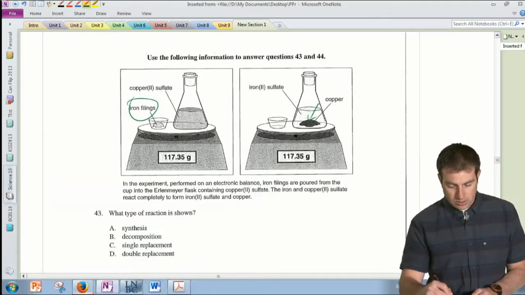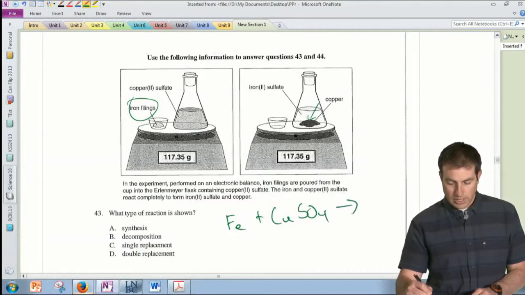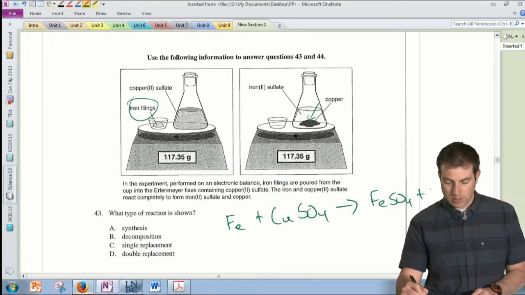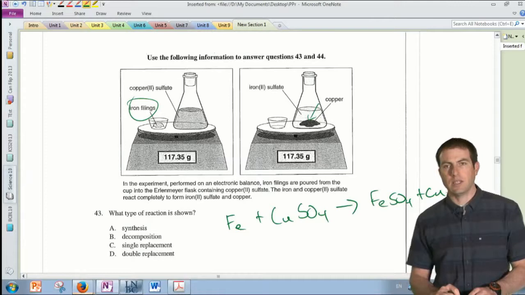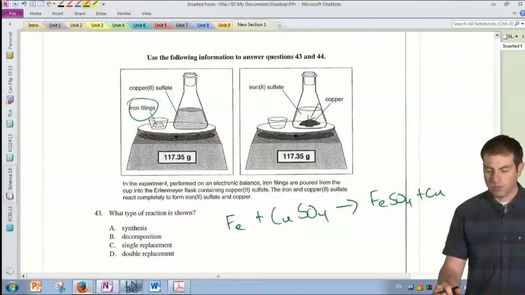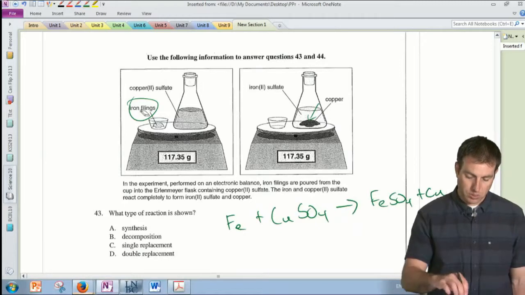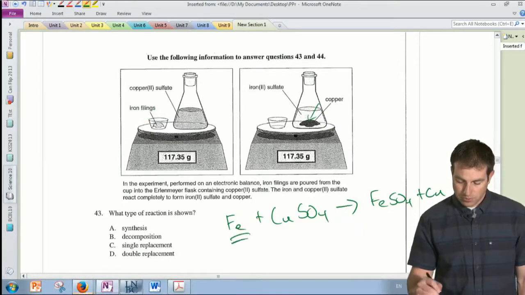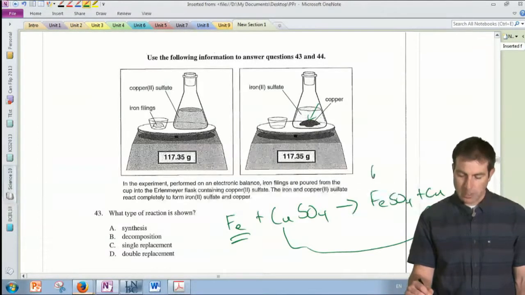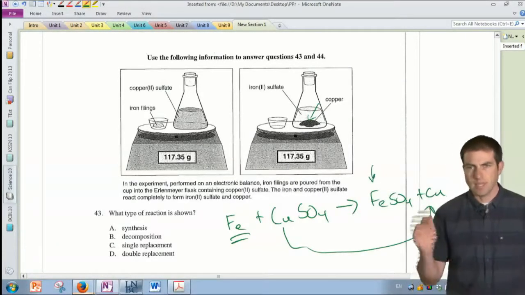So it's asking the type of equation. You have iron filings, so Fe is iron. Copper 2 sulfate is going to be CuSO4, and then you get FeSO4 and Cu. And it's asking what type of equation this is. In this case, it's a single replacement. The iron is by itself. It kicks the copper out. Now the copper is by itself, and the iron is in the compound.